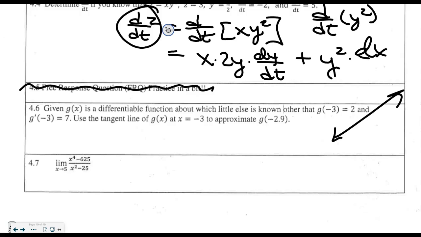I'm afraid you'd say increasing or decreasing. That's for the Riemann sums. If they told you g double prime of negative 3 is less than 0, then you go, oh, I'm concave down in that area. So I have an overestimate, right? Because I'm on the line with my approximation.